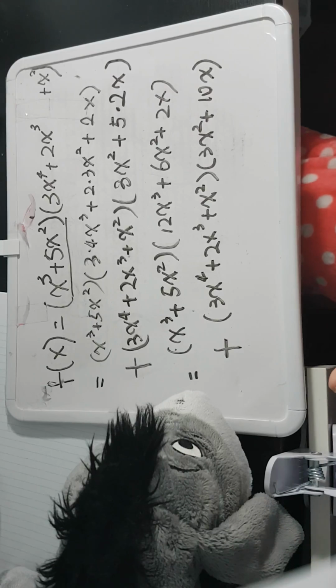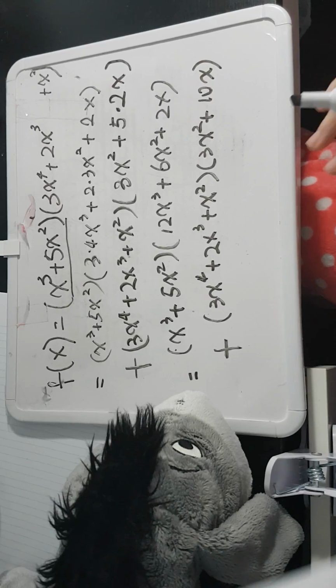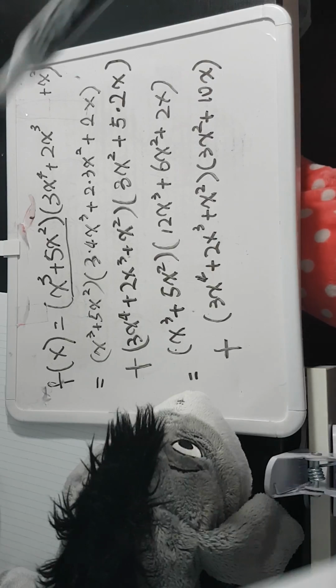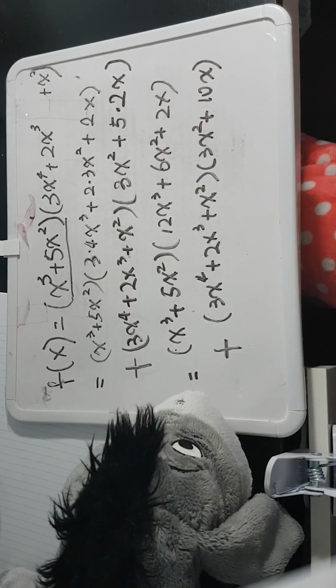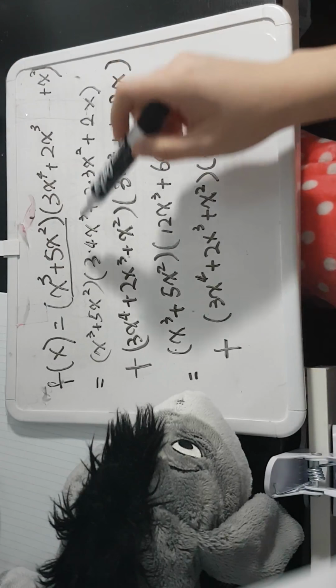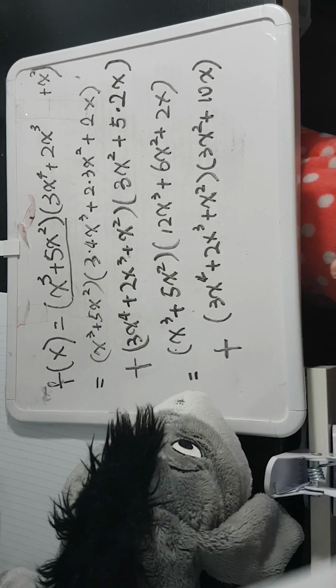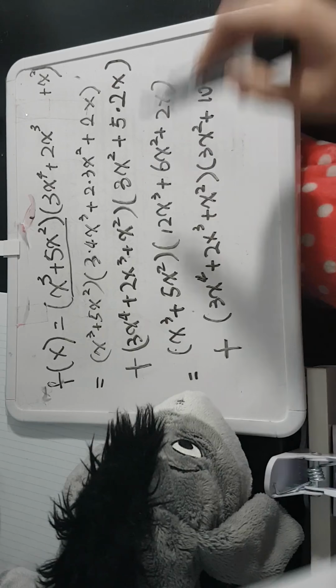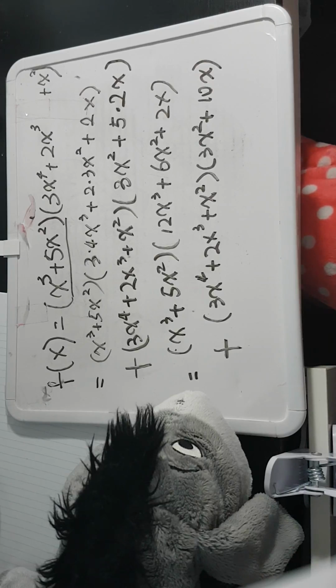That's our final answer. If we want to expand it and reorganize it, that's okay. But if you leave it at this, that's the derivative of this function. Simple, right? Instead of expanding everything in here, we just use the product rule and we get the final answer, straightforward and simple.